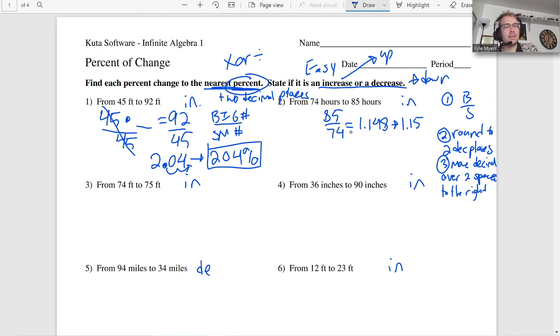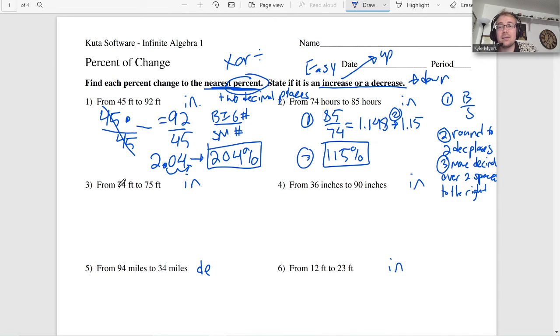Okay? So this was step 1, this was step 2. Step 3, we move the decimal place over, so it'd be 115. So that's what I get for that one.